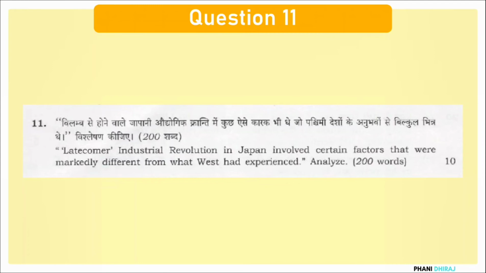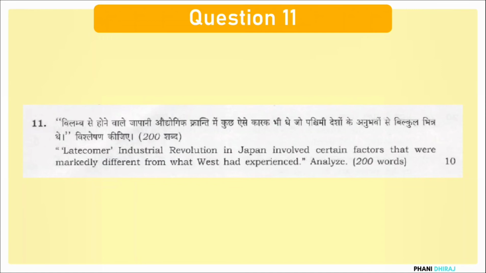By that point of time, how advanced was the West? Because the word latecomer is asked in the first instance itself, you have to give a comparison as to how industrialized the Western Hemisphere was by the time Japan started the era of industrialization. And finally, what effect did this industrialization have on Japan's economy and its overall society? Those are the points you have to engage with in this question.